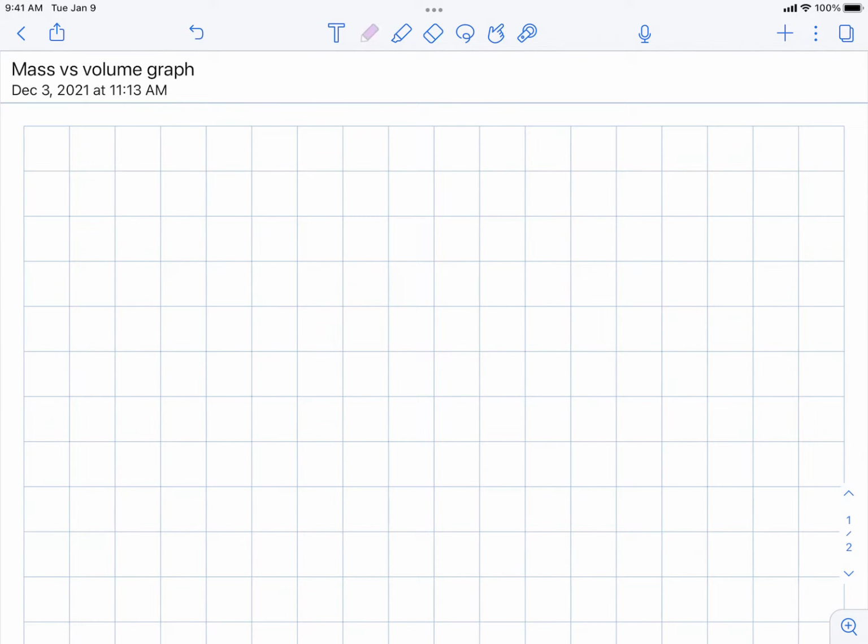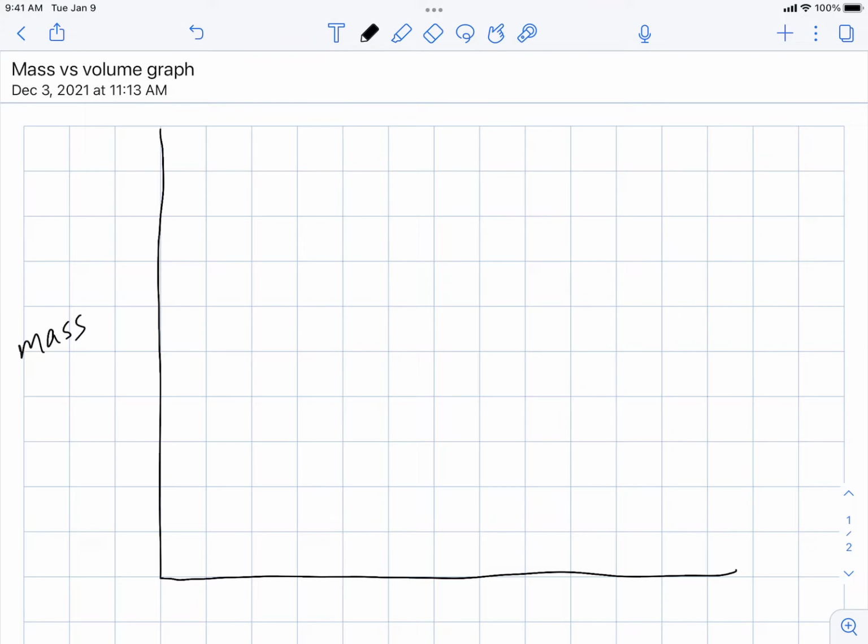So what you want to do is make an XY coordinate, giving yourself some space on the Y and the X so we can label everything. Okay. On the Y-axis is going to be mass, usually in grams. That's how we measured it. And then on the X-axis is going to be volume, and that's going to be in milliliters.